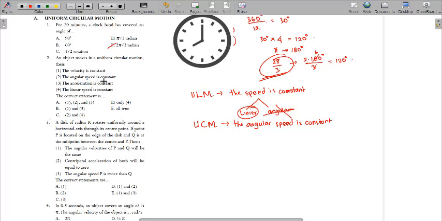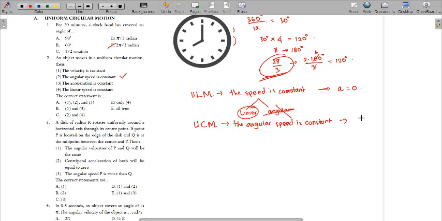The angular speed is constant. The acceleration is constant? Be careful. It's like uniform linear motion: if in uniform linear motion the speed is constant, then the acceleration will be 0.